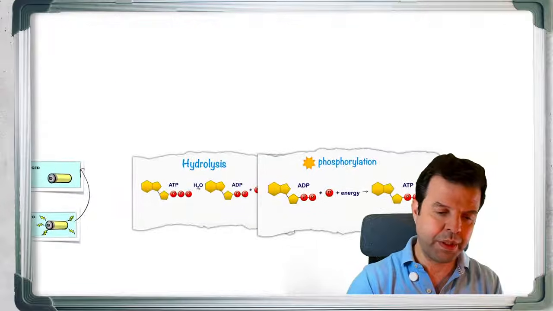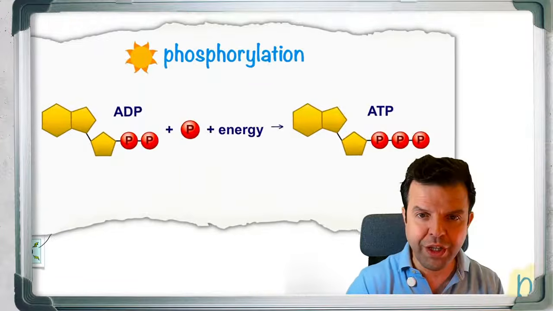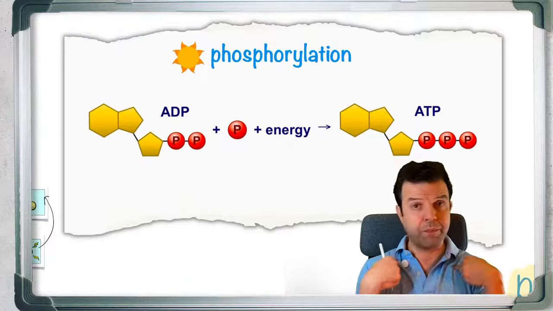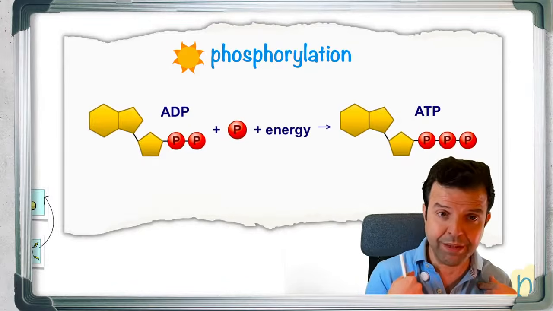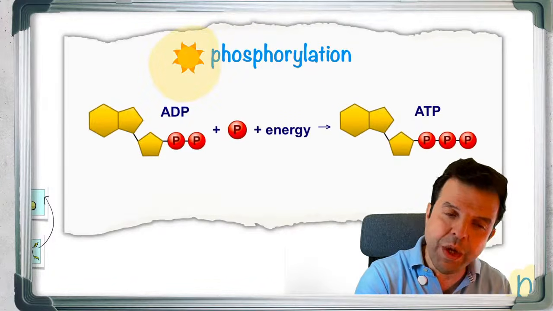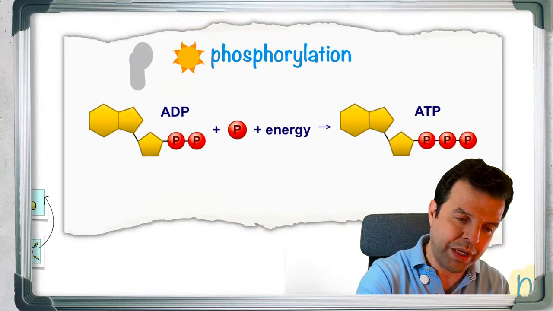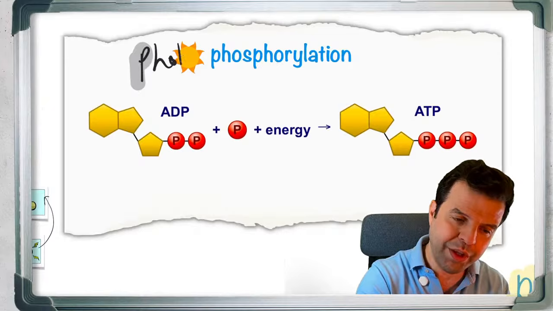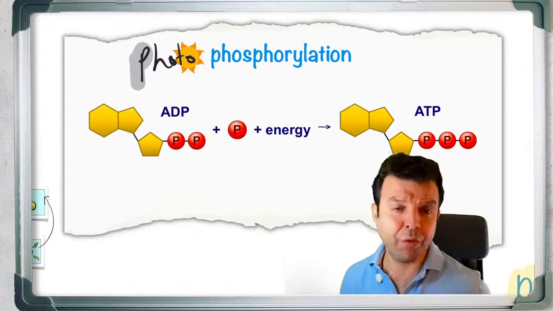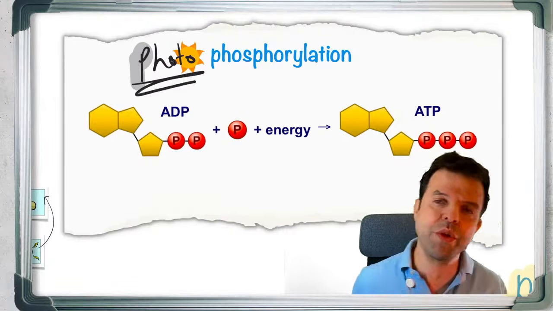Here you go. This is what I call phosphorylation. In general, it occurs in humans, animals, plants. But when it involves light, like the one I have here, I simply add the word photo. Okay? So for animals, we require food to phosphorylate. In plants, they just do it with the help of light.